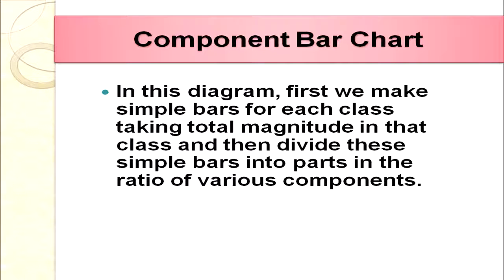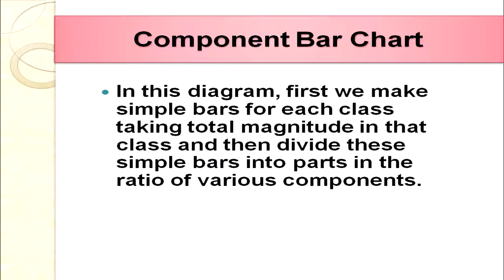Next, in this diagram we first make simple bars. Now, how should I construct a component bar chart? Very first I will make the bar length of the total value given to us. That is why I told you that in a component bar chart we need to have a total. So, I will first draw a simple bar for the total of the given data.